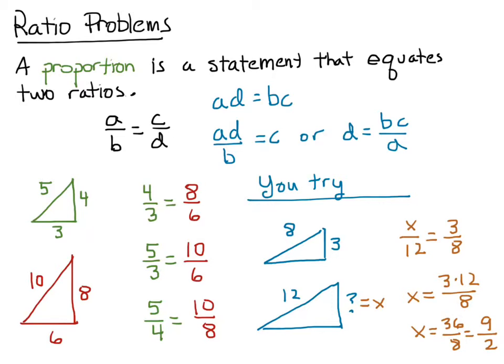Here I'm stating the two sides have the same proportionality. So I take 8, which is that hypotenuse, divided by 3, same thing as 12 divided by x. So long as you're making a one-for-one correspondence, it's difficult to go wrong. You can make your ratios work almost any way. Okay?